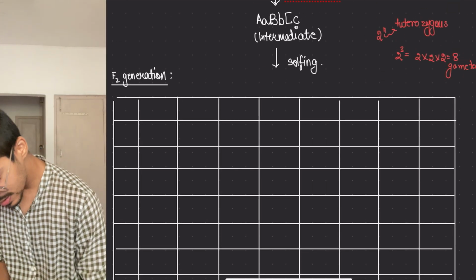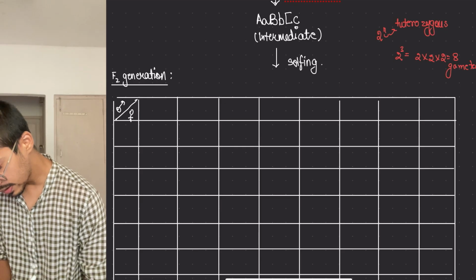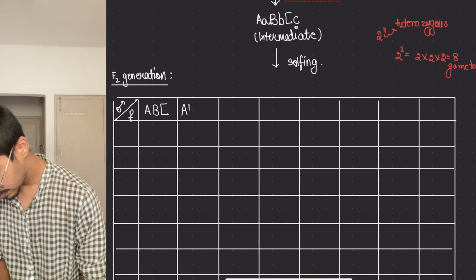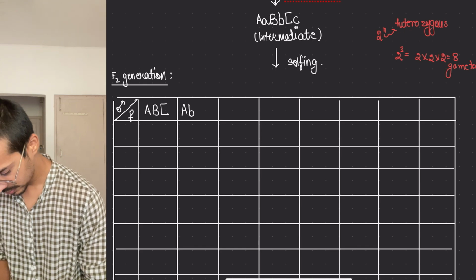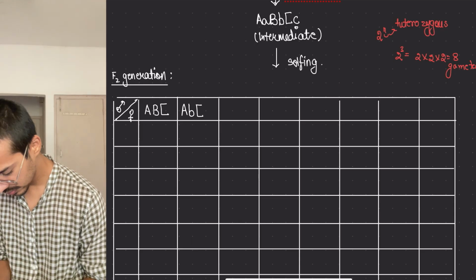Okay, so the first gamete, that would be male and female gametes. The first one, A, B, C. Then comes A, B, small c. Okay, let's just make it.